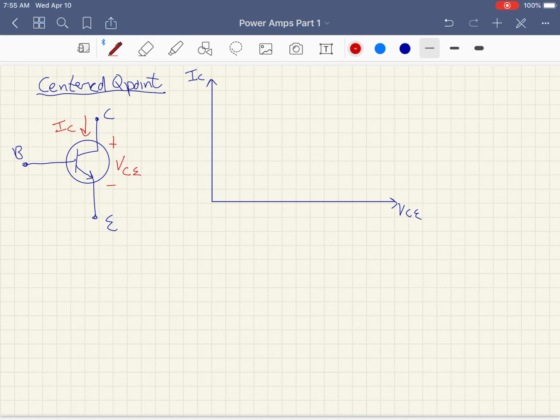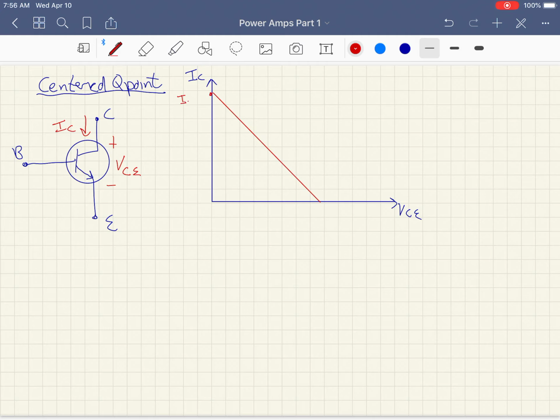So, if you remember from last semester, and we did talk about this stuff briefly in our class, I'm going to draw a line here. A load line. I've drawn what we're calling an AC load line here.